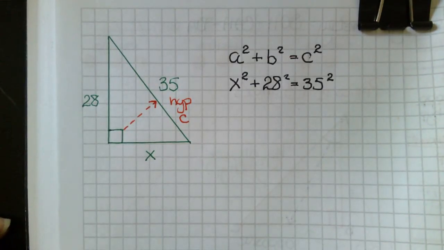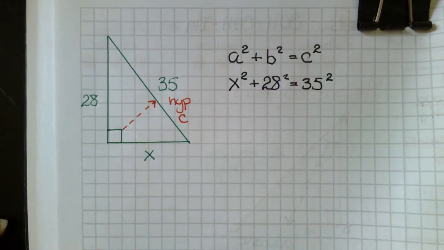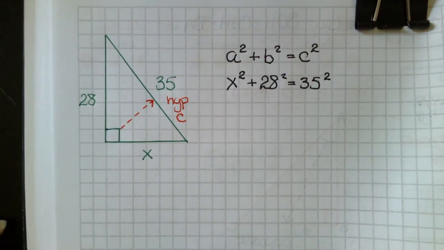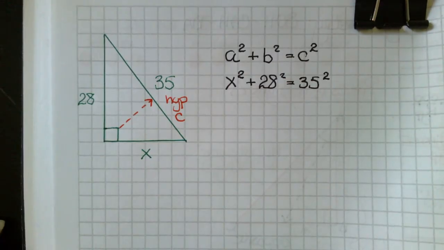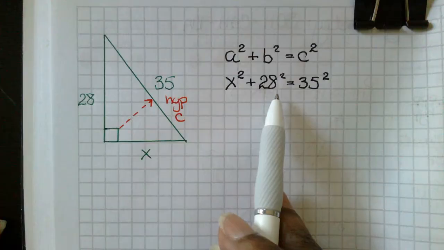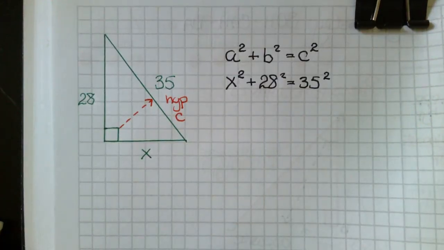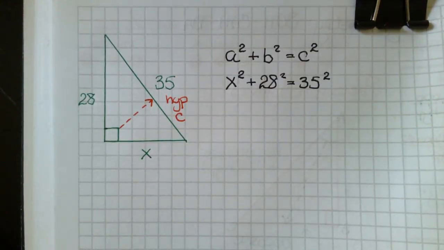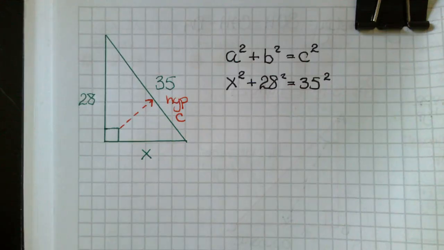Okay. All right, here we go. All right, so now, first thing, never forget the squares. Okay, never forget the squares. So we're going to be dealing with larger numbers. So we have our 28 squared.